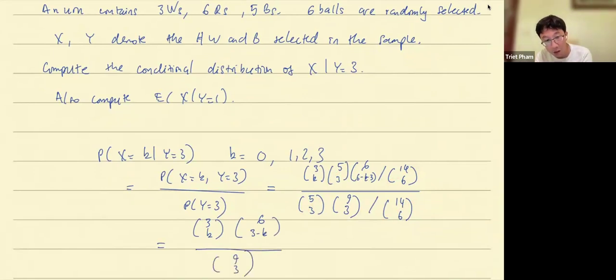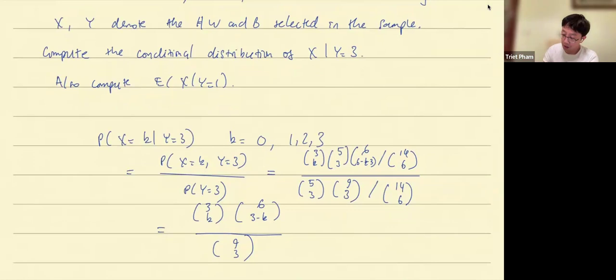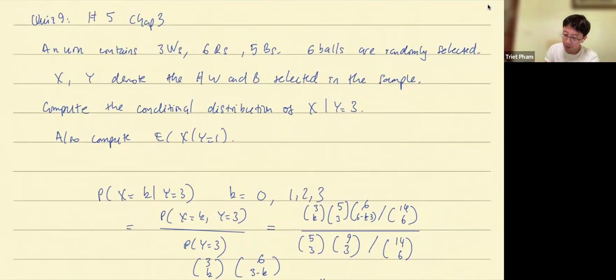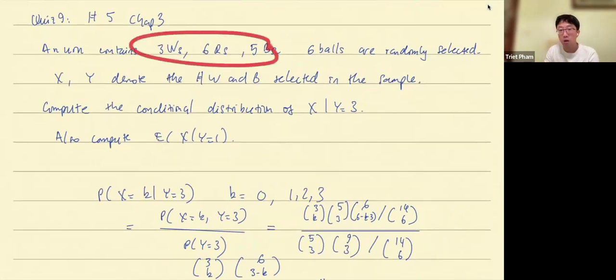Do we recognize this? This is a hypergeometric again. So it's pretty simple. I did say this is like a hypergeometric with 3 categories.